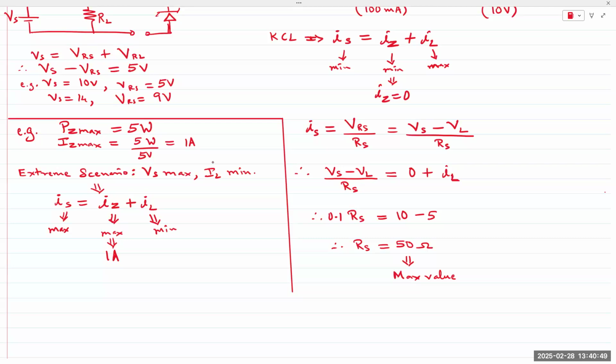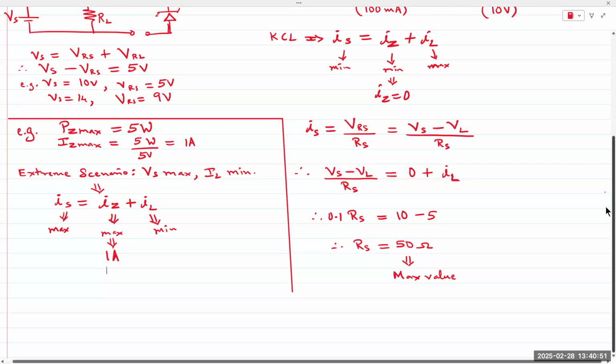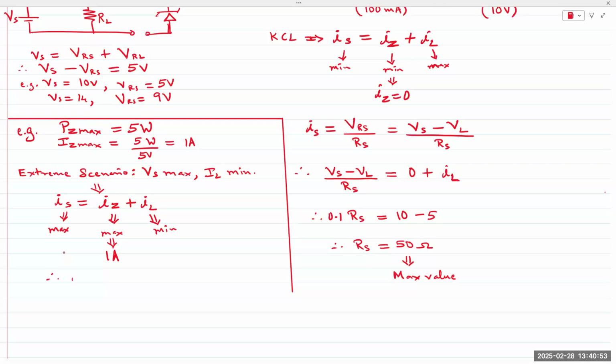So if IZ max is 1 amp, then IS max is 1 plus 0.05, and that is 1.05 amps.